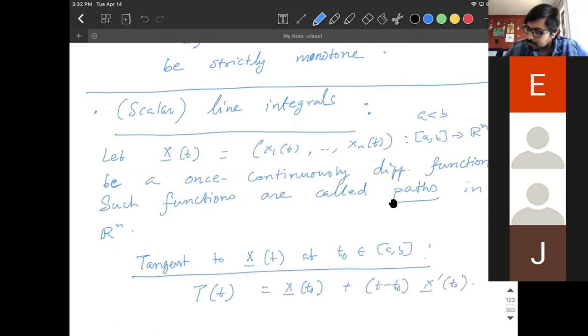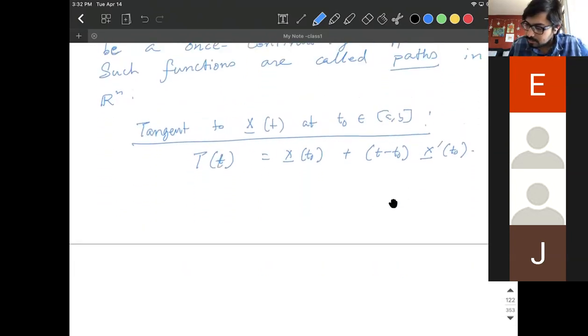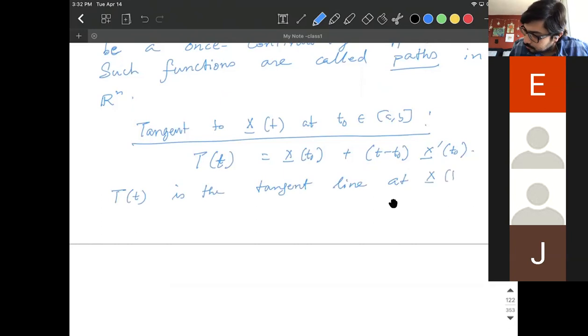So if you draw the picture, at least in R2, you'll see that this T evaluated at t is exactly the tangent at point t naught, or rather point x of t naught. So T of t is the tangent line to x(t) at x of t naught.